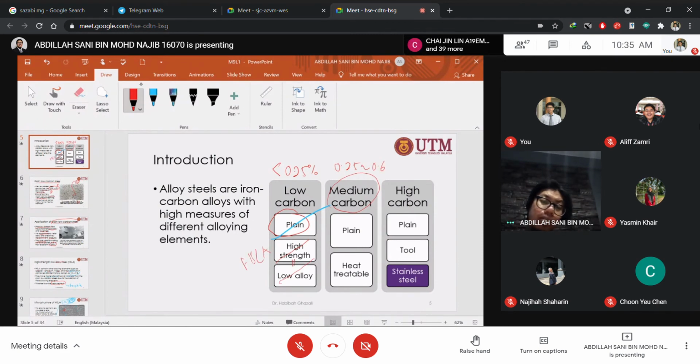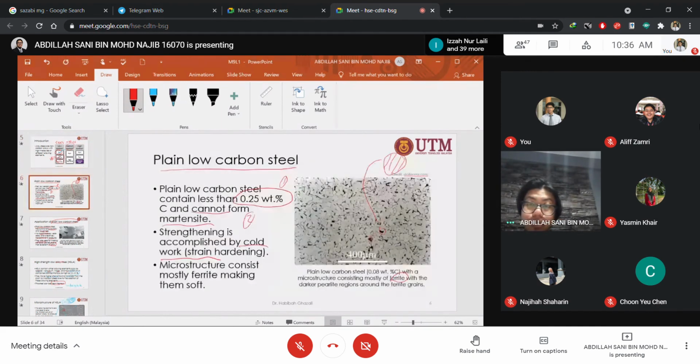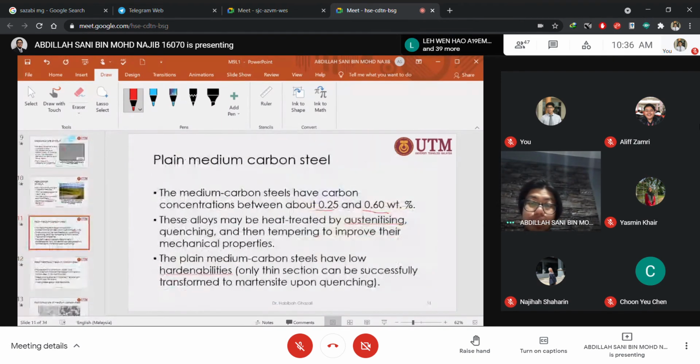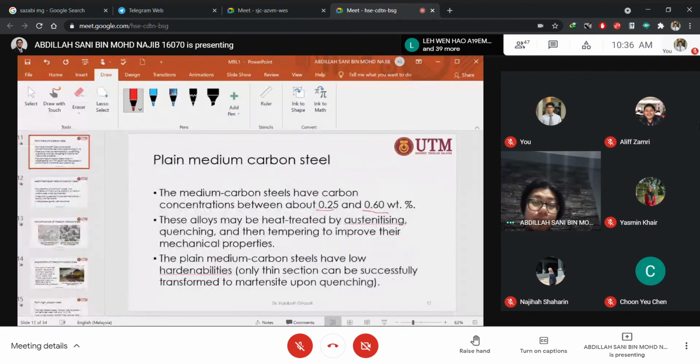Sorry, this is the combined high strength low alloy, right? Plain and HSLA, and then we have 0.25 to 0.6. We classify it as medium carbon steel, and of course, we have this plain medium carbon steel, and how does it look like.